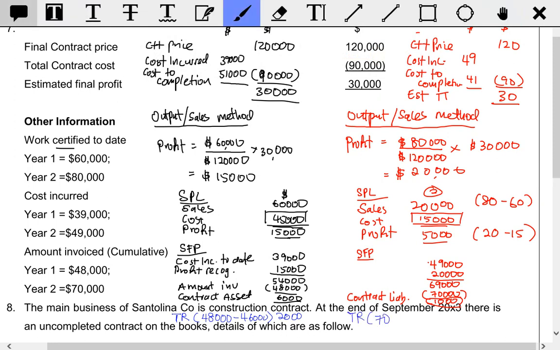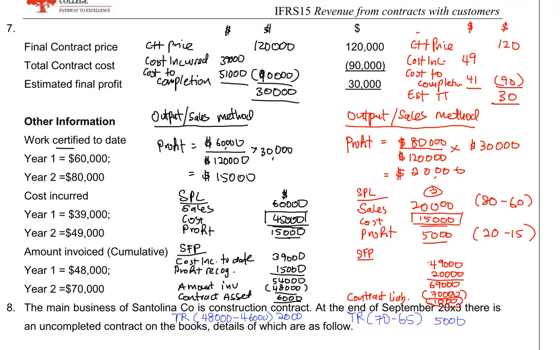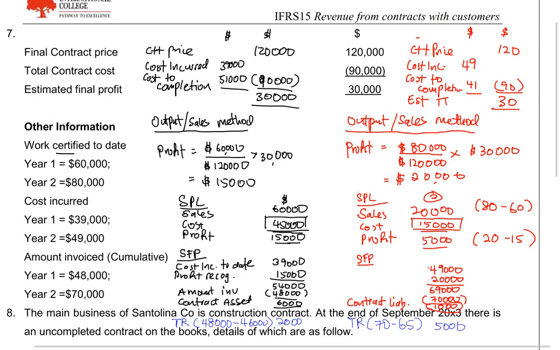Let's say we receive 65. No, just an example.